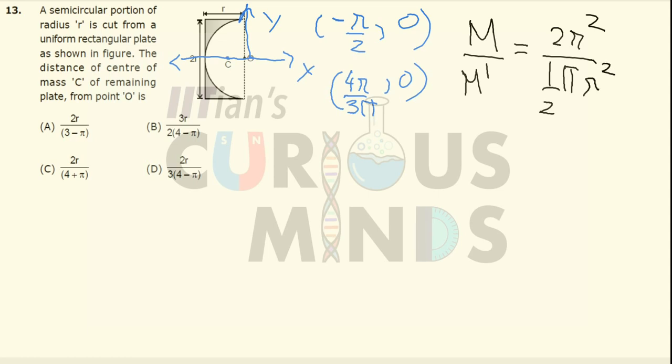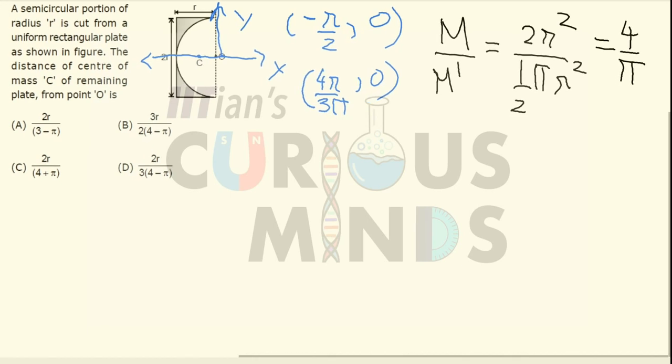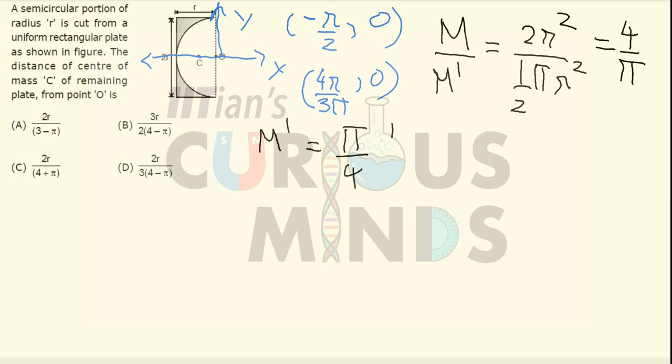Simplifying, r square cancels out and the ratio is 4 divided by pi. So m dash can be written as pi by 4 into m.